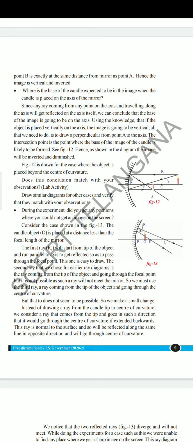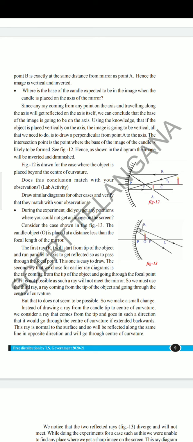Where is the base of the candle expected to be in the image when the candle is placed on the axis of the mirror? Since any ray coming from any point on the axis and traveling along the axis will get reflected on the axis itself, we conclude that the base of the image is going to be on the axis. Using the knowledge that if the object is placed vertically on the axis, the image is going to be vertical, all that we need to do is to draw a perpendicular from point A to the axis.